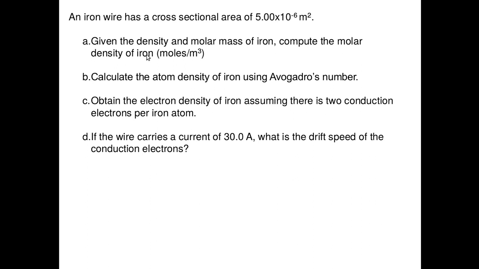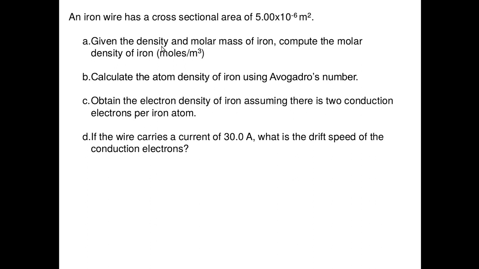Compute the molar density of iron in moles per cubic meter, then calculate the atom density of iron, and then part C, find the charge density, right? This is electron density. Sometimes you'll see it as number density or free charge density. I usually say charge density, something like that. So for iron, we have two conduction electrons per iron atom.